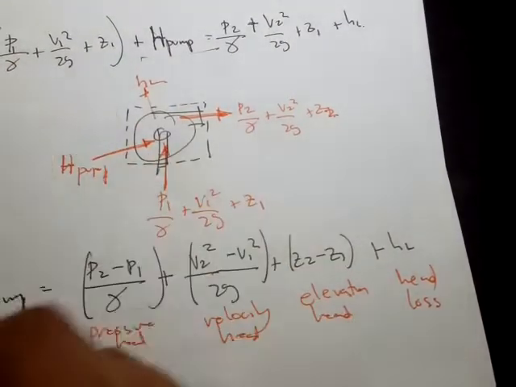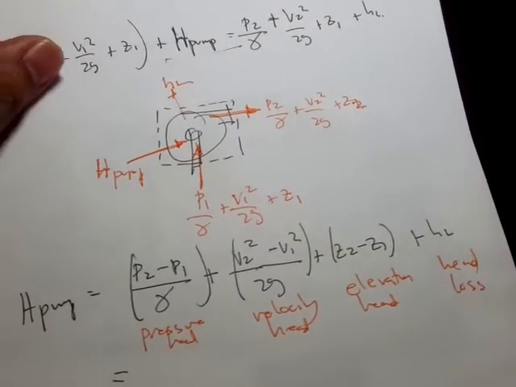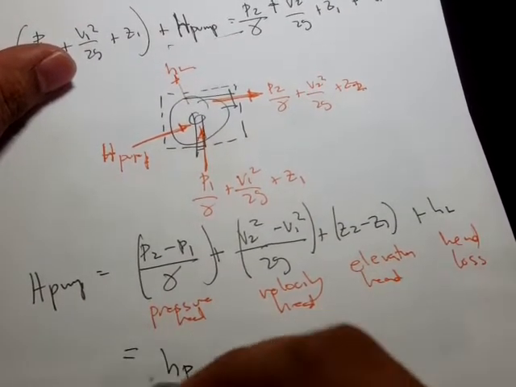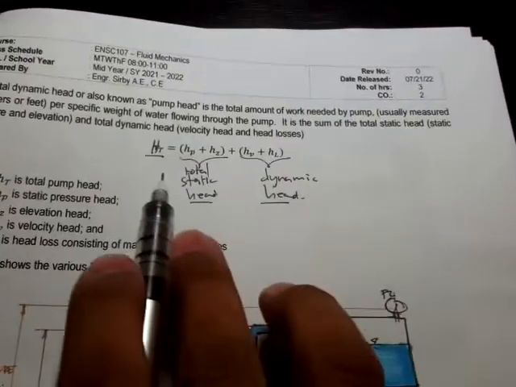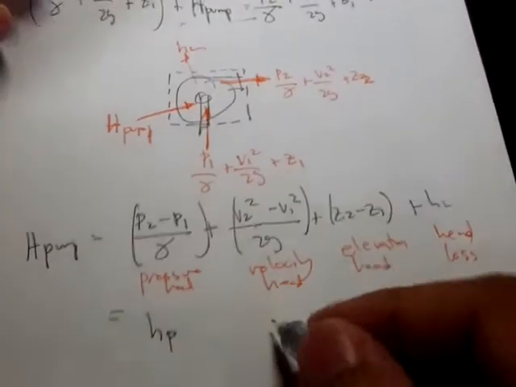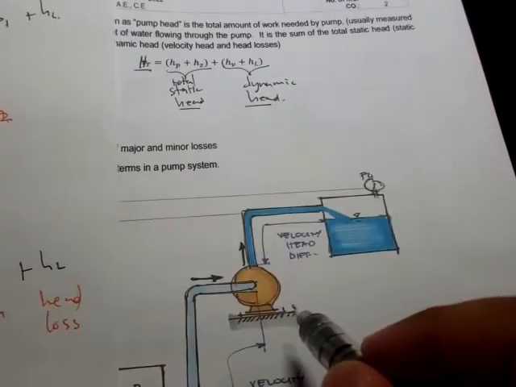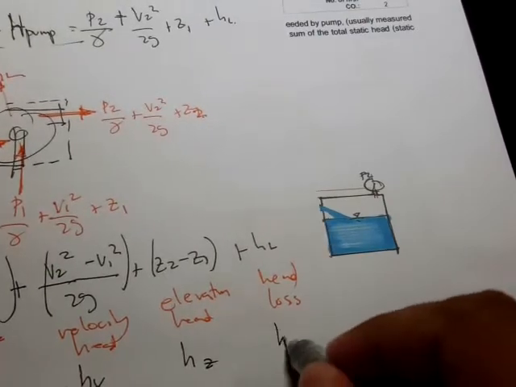So we use H sub P for the pressure head, H sub V, H sub Z, and H sub L.